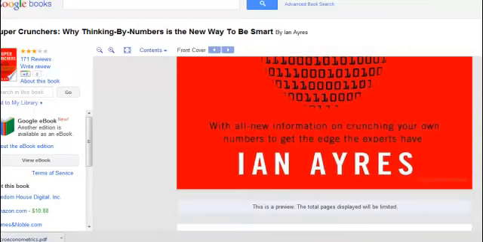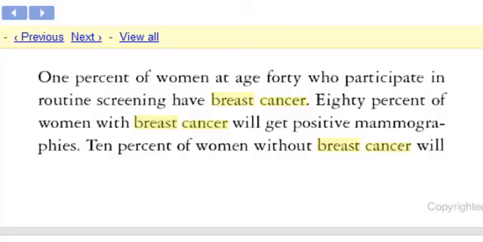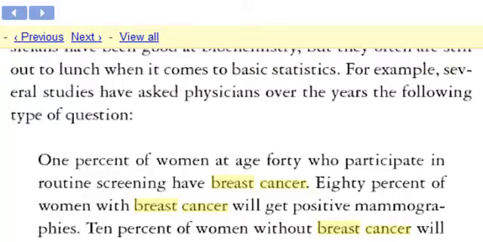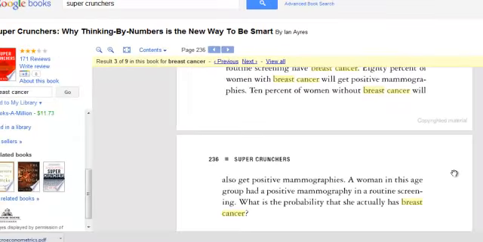What he reports is that several studies have asked physicians over the years the following type of question. 1% of women at age 40 who participate in routine screening have breast cancer. 80% of women with breast cancer will get positive mammography. 10% of women without breast cancer will also get positive mammographies. What is the probability that someone who has a positive mammography actually has breast cancer?